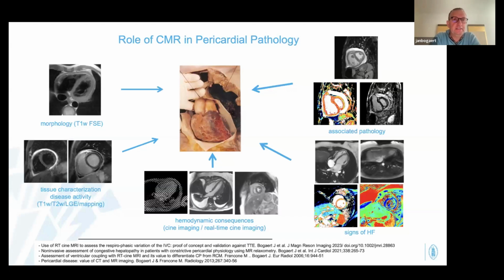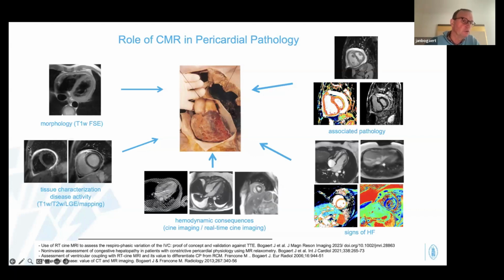The next modality is CMR. Where in the beginning CMR was mostly a morphologic technique, over the years it has grown into a fully comprehensive imaging modality. You can see here on the left upper, the T1-weighted image, that the pericardium is thickened and does not have the dark signal intensity we normally see, but is gray, suggestive of inflammation.